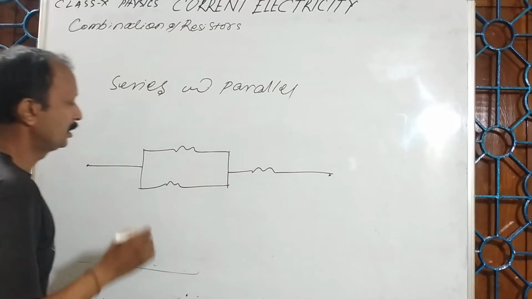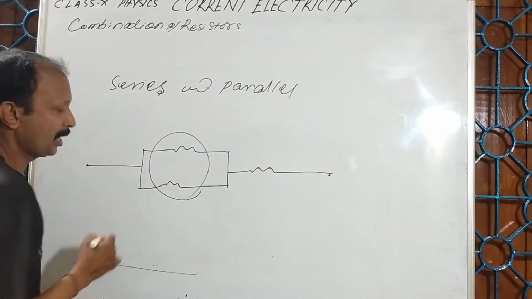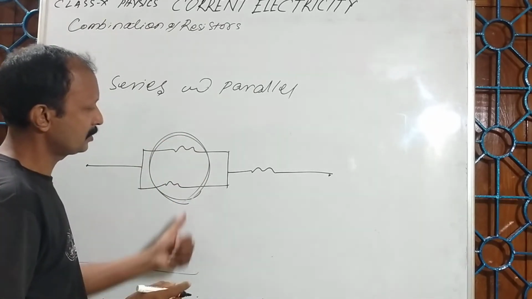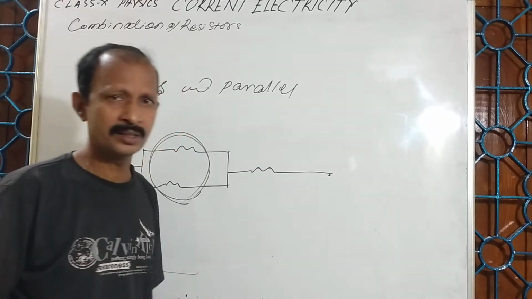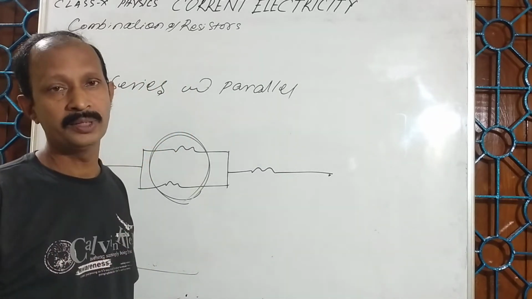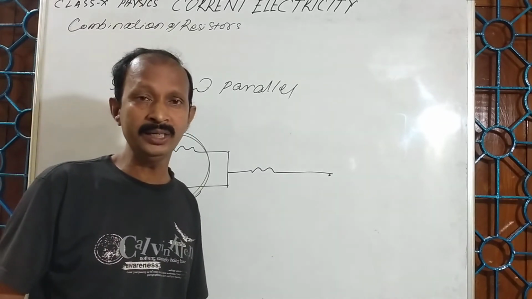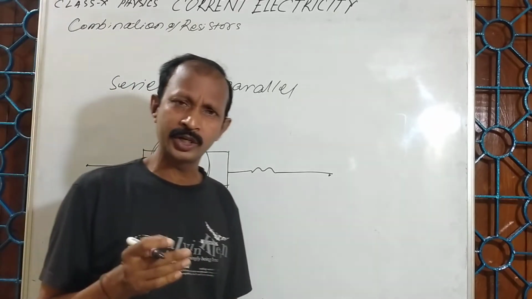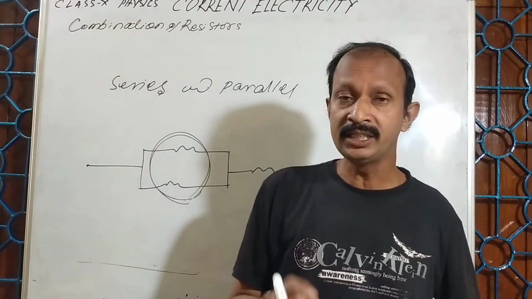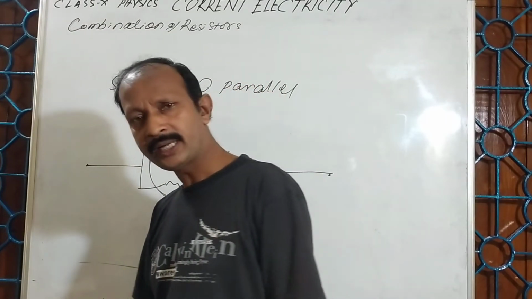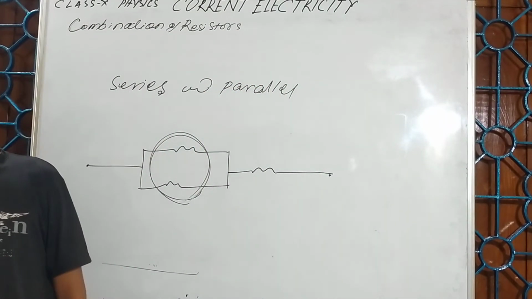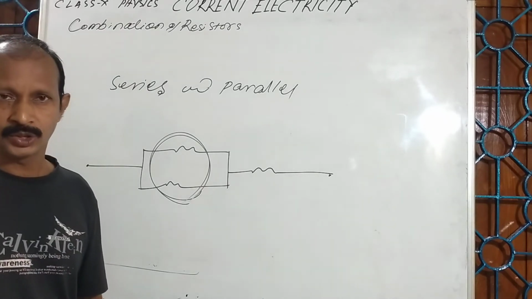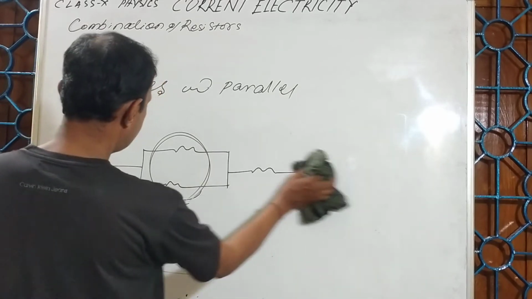For example, these two I have connected in parallel. After getting its equivalent resistance, I shall connect it with these resistors in series form. Then we can get the combined resistance. So according to our requirement, according to our desire, we can connect a number of resistors in series as well as parallel.